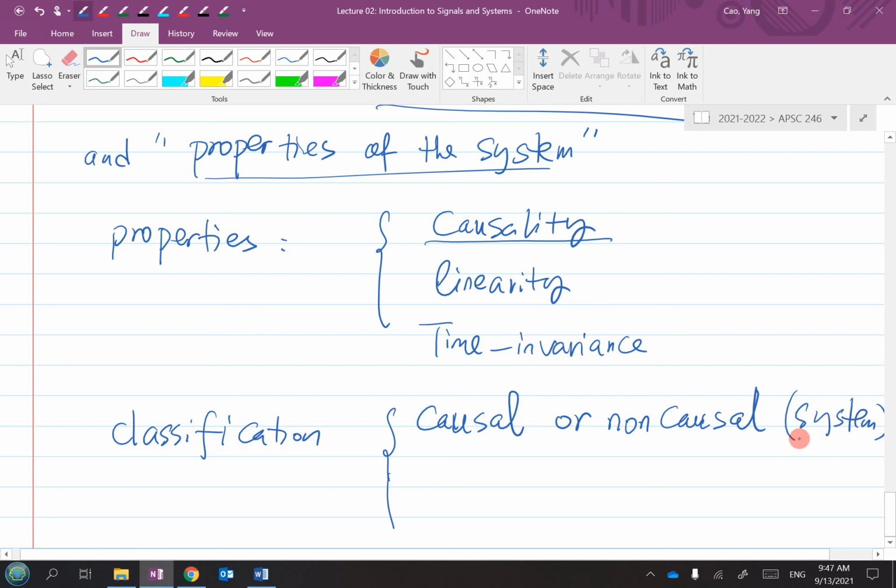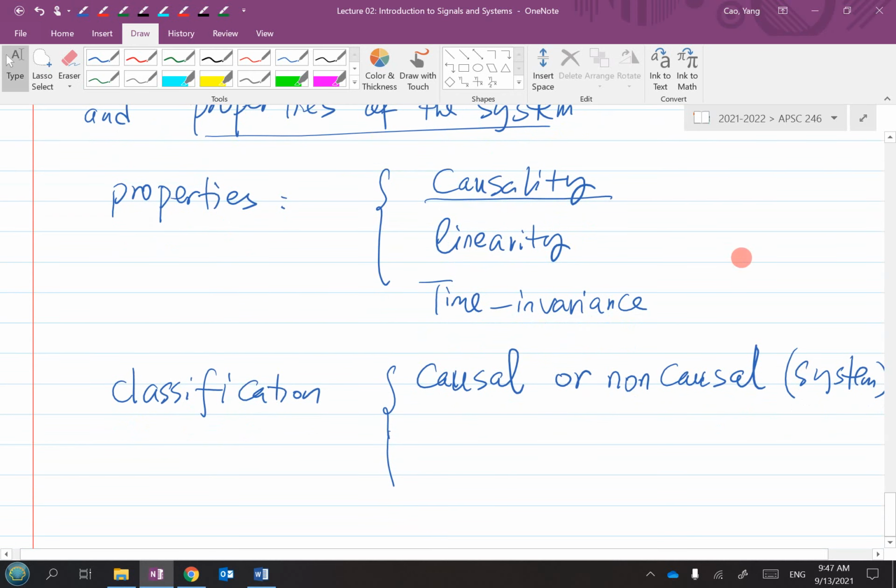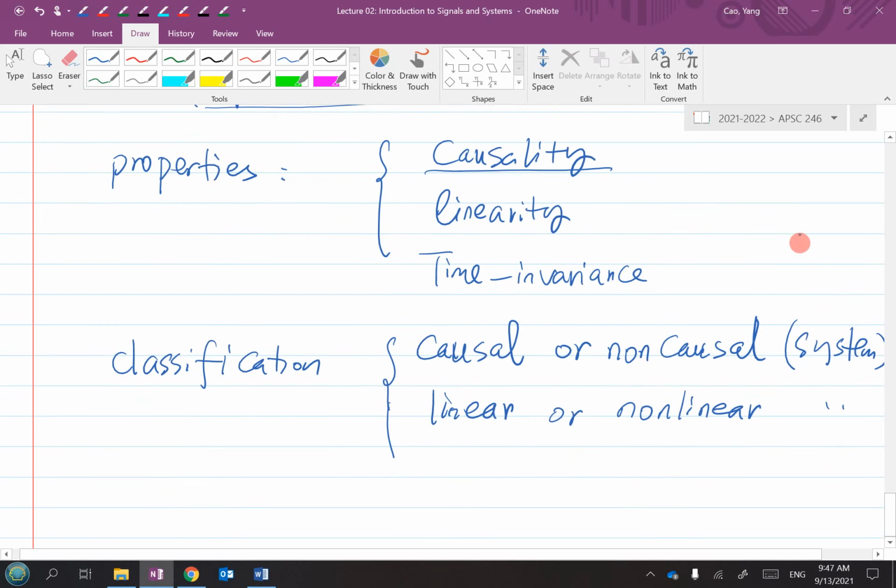So that's a classification. It's either yes or no. There's no ambiguity in between. I'll show you the meaning of causal a little bit here, just give me a few minutes. Then you look at linearity, the second property, and the question you can ask is: is the system linear or nonlinear? I'll come to the definition of linear and nonlinear.